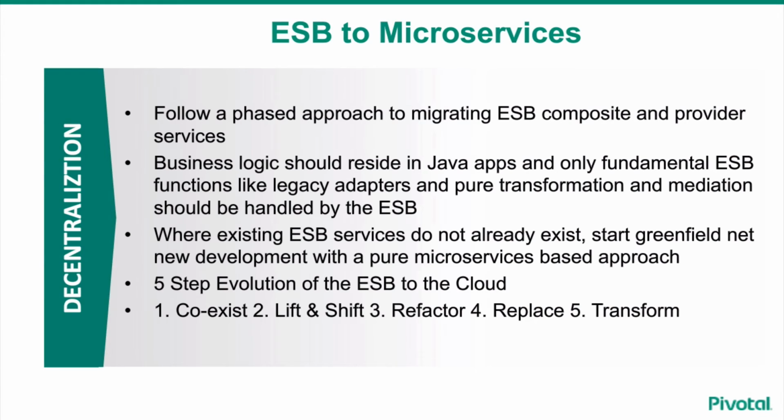For existing microservices, you have several options. First, you can just lift and shift the entire ESB. So stage 1 is your existing new shiny microservice works with the ESB. That's called coexistence. The second phase, take the entire ESB and plop it in the cloud.